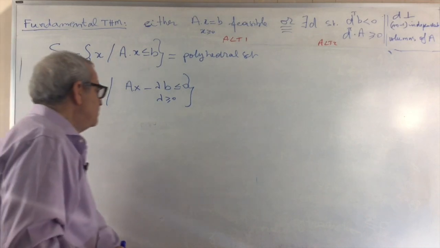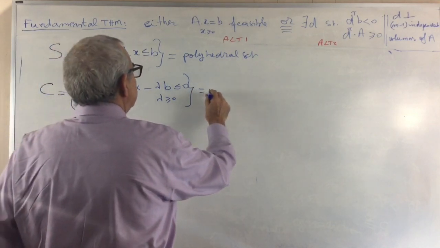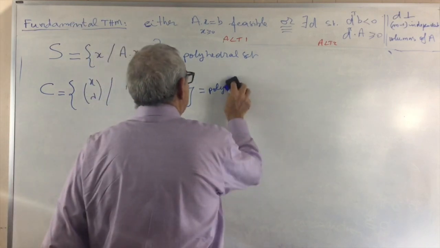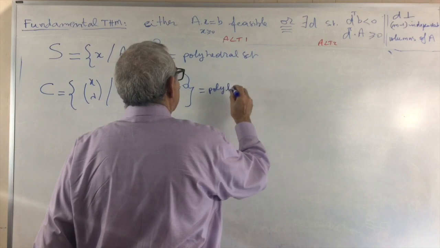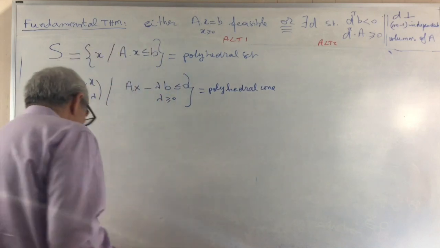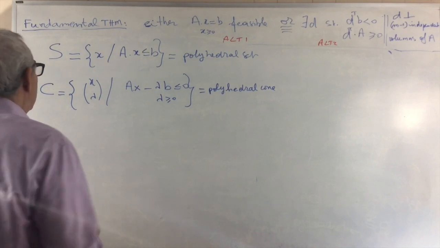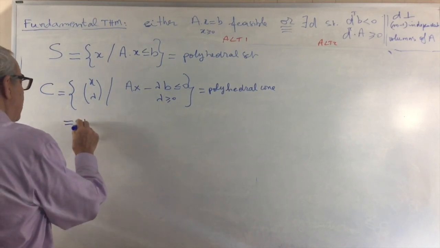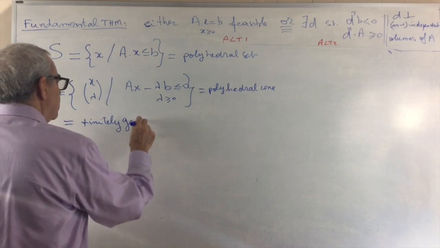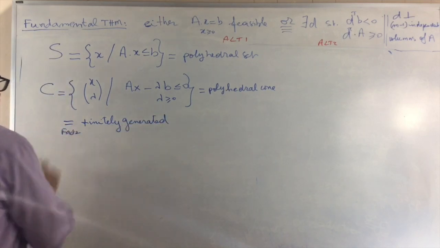So this is a polyhedral cone, right? Because it's defined by a set of inequalities. So therefore, by the previous fact, this is finitely generated. This is from fact 2 that we did earlier.